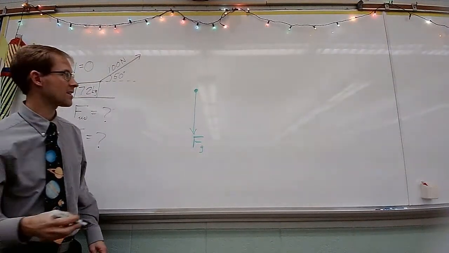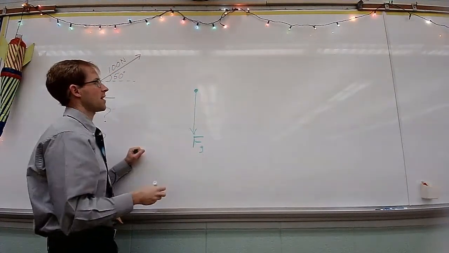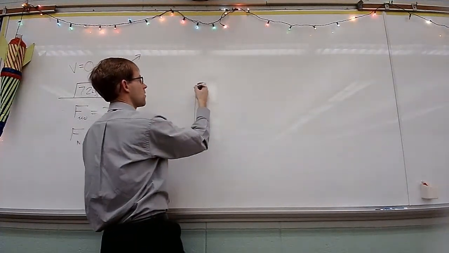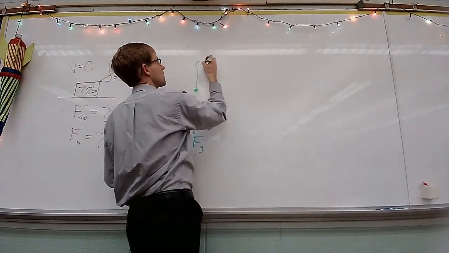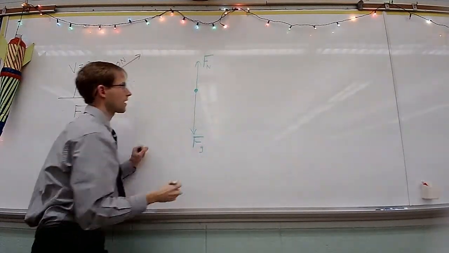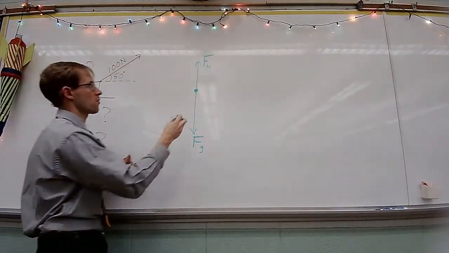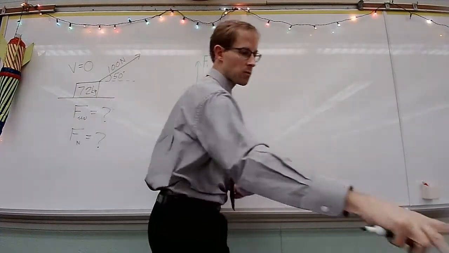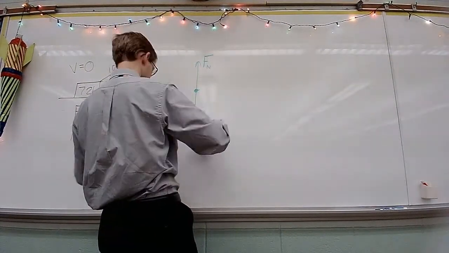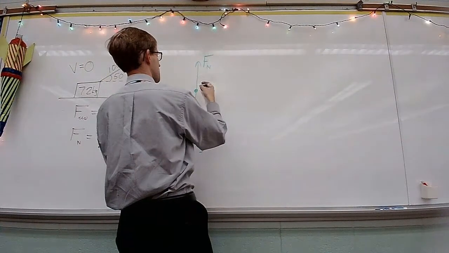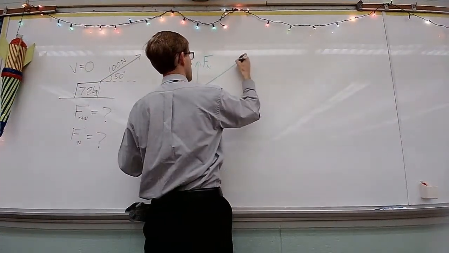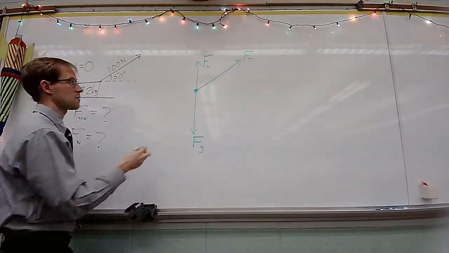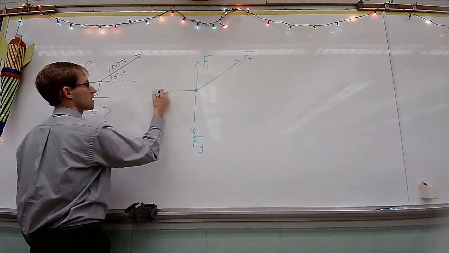Smaller. Very good. Because we're pulling up, and that means the table has to do less work or effort to keep that box from falling through. And of course, we've got our tension force. Now, 50 degrees is a bit bigger than that. And because there is no motion on this box, we're going to have some friction going to the left.